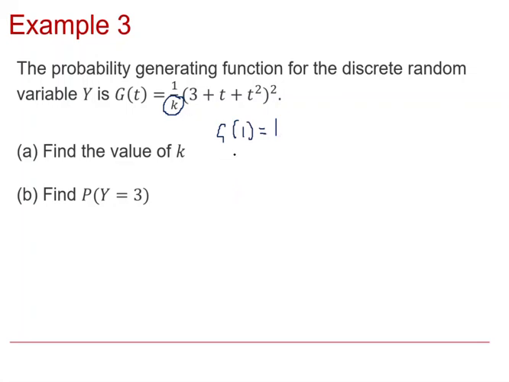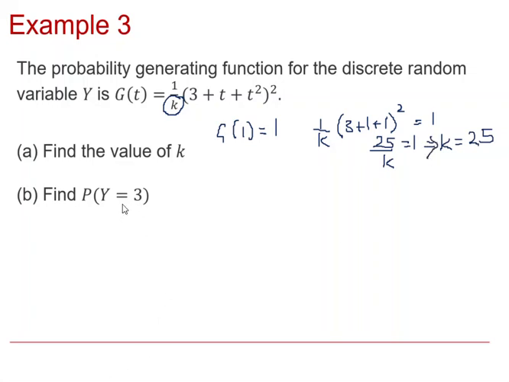And if we work out the generating function here where t equals 1, we would get 1 over k, and then (3 plus 1) plus 1 squared, squared must equal 1, so 25 over k equals 1. That implies k equals 25.